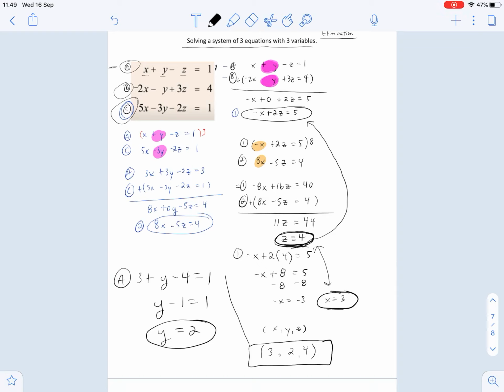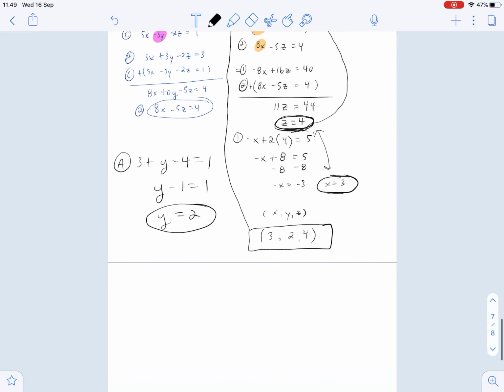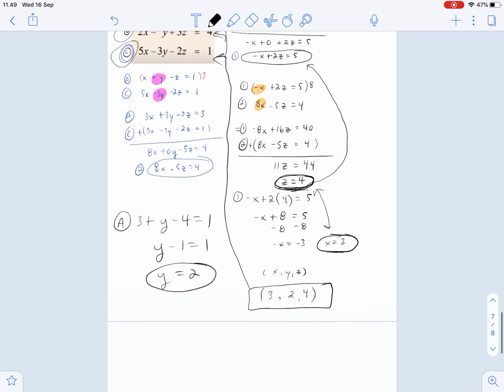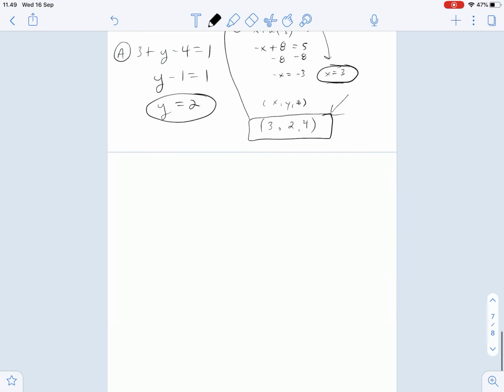Of course, I recommend going in and plugging in each of these equations and making sure that this point satisfies each of them. And remember, guys, if you're confused, rewatch the last video on what this point means. I'll try to do a quick sketch.